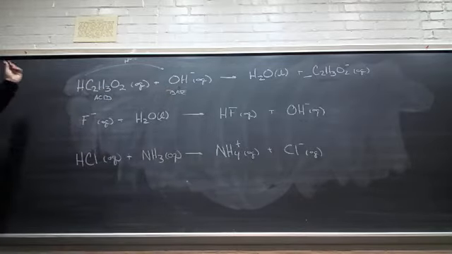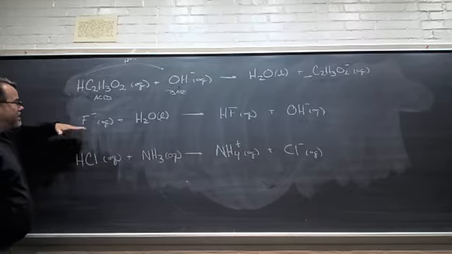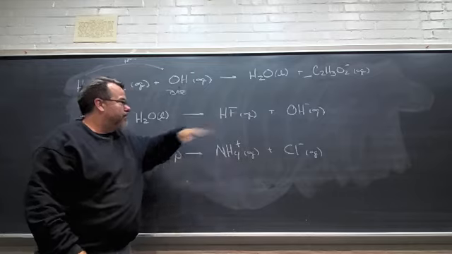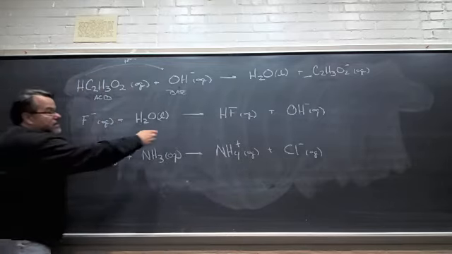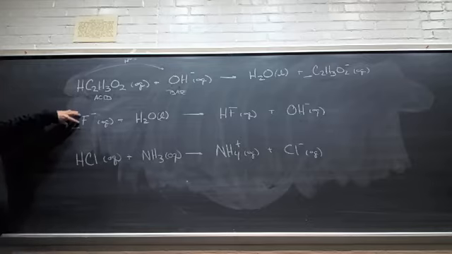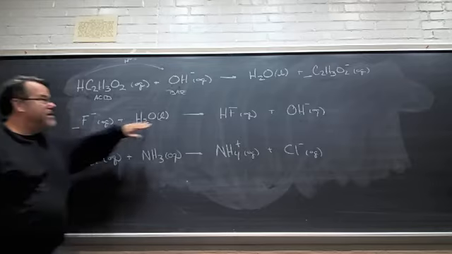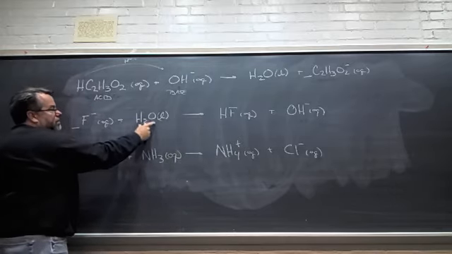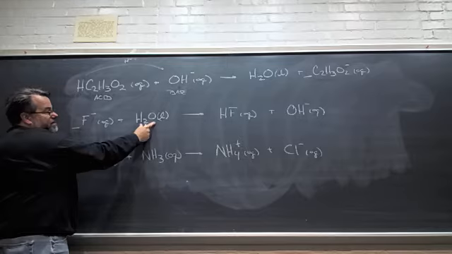Okay. All right. In this case, you can find this species on both sides. Here's your fluoride. Here, the fluoride has a hydrogen with it. Here, there's nothing, right? So clearly a hydrogen has been added to the fluoride. Where did that hydrogen come from? It came from the water molecule, right? Because this water molecule originally is H2O.